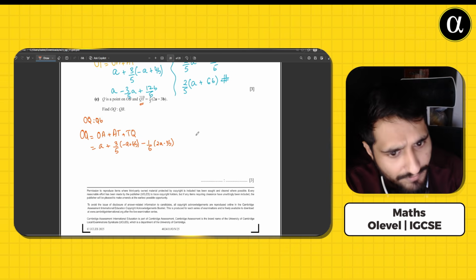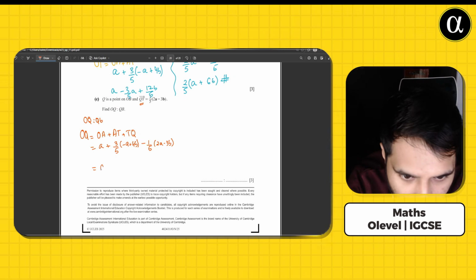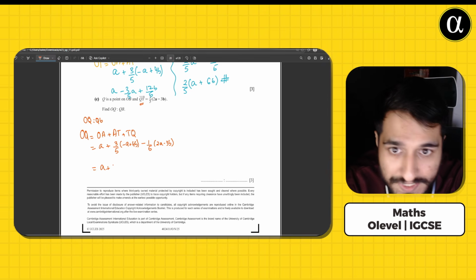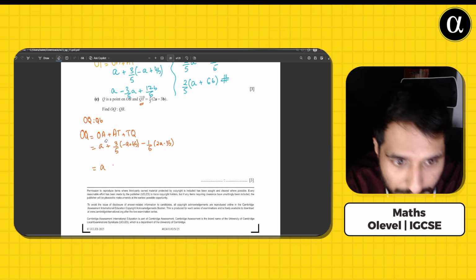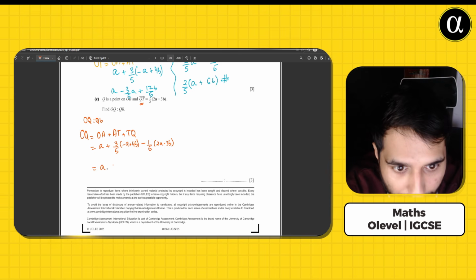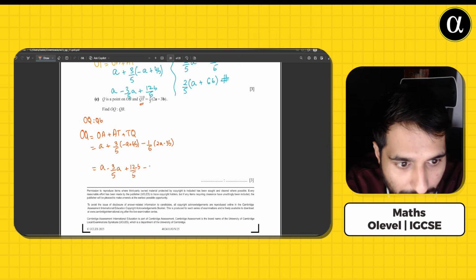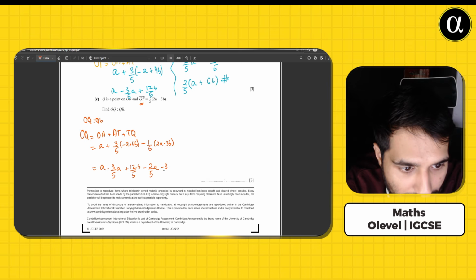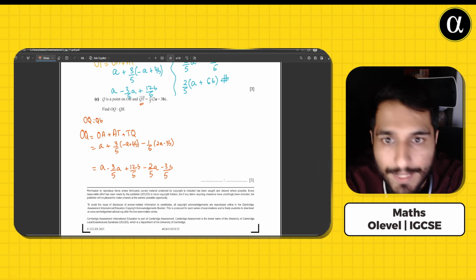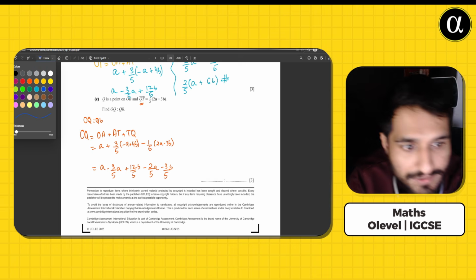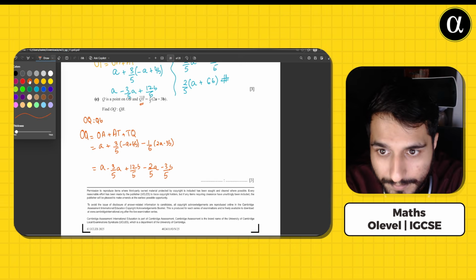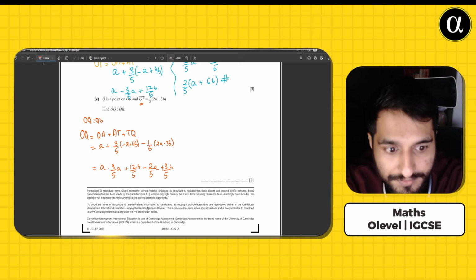And when we solve this, it's going to be A, plus 3 over 5 multiplied with negative of A would give you minus 3 over 5 of A, plus 3 times 4 is 12 over 5 of B, minus 2 over 5 of A plus 3 over 5 of B. Now, if we have a look at this carefully, minus minus gives me plus.